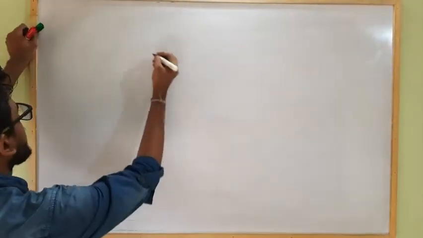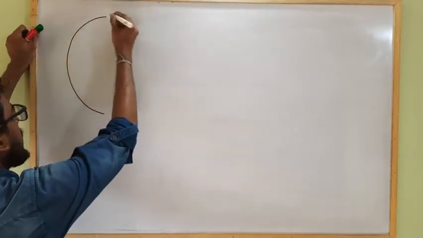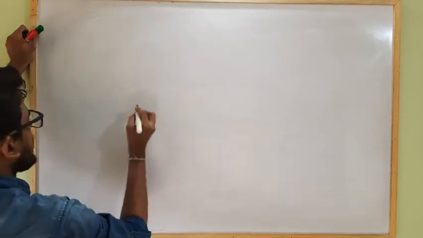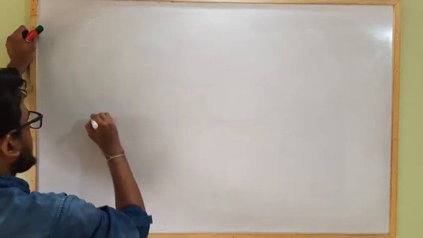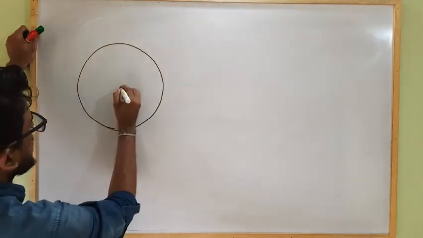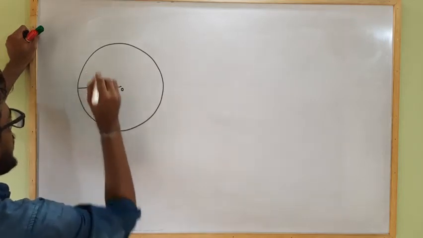So now let us do a next numerical of the same type. There is a current carrying conductor. Let's assume that like this. Okay, this is the center O and its radius is 2r. Clear?